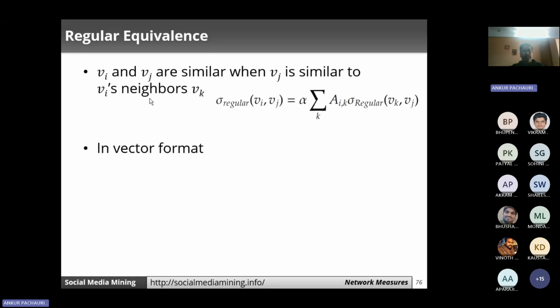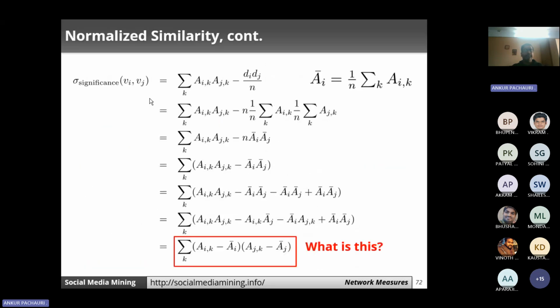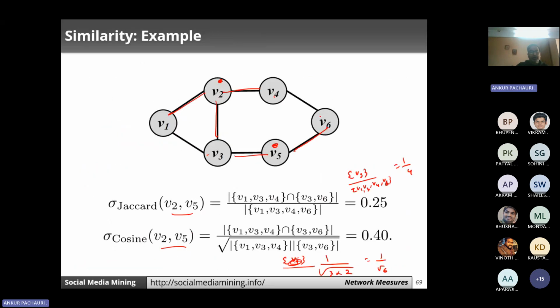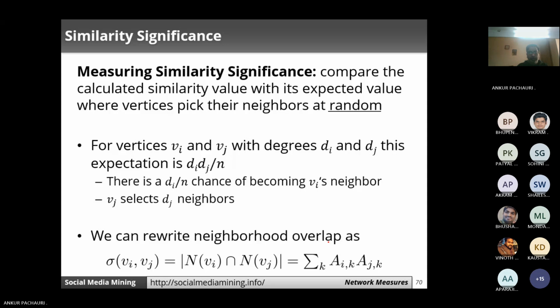I may require around 5 to 10 minutes to explain regular equivalence, so I'll stop over here. In the next class, I will talk about regular equivalence and then we'll move forward.